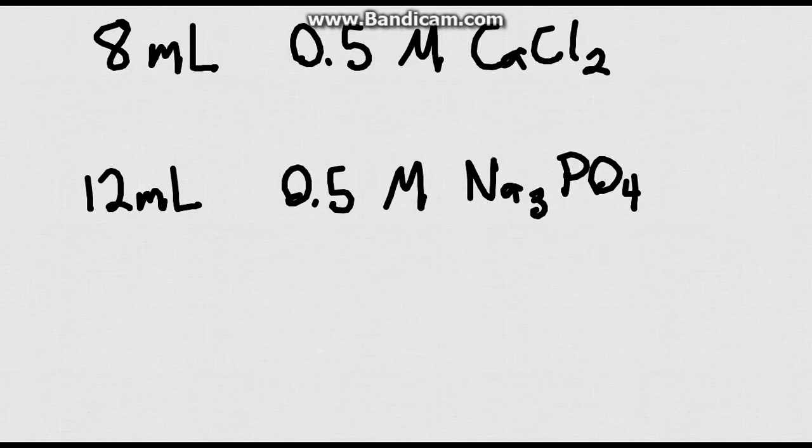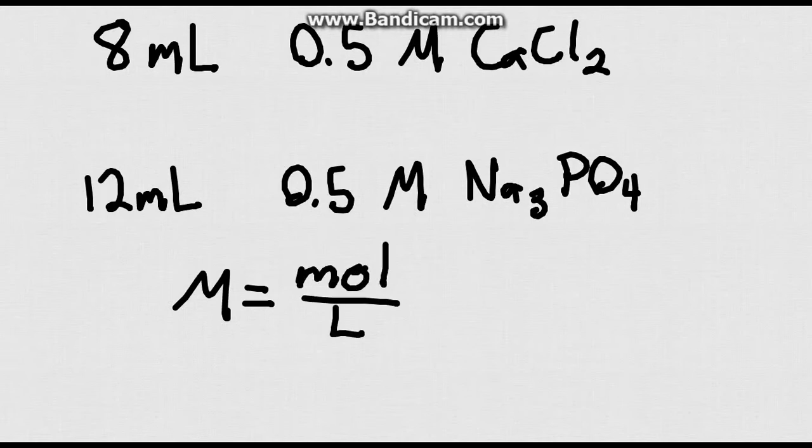Well, if we remember, molar is the same thing as moles per liter. So what you can do is just kind of like on the last problem, it's all about unit cancellations. Alright, so let's do some of this problem.